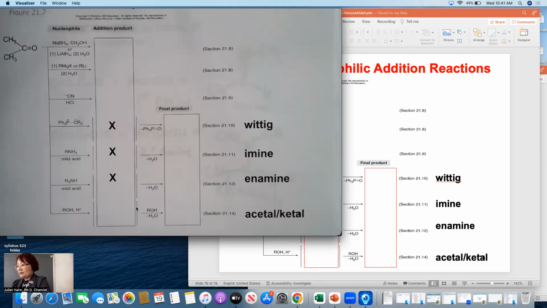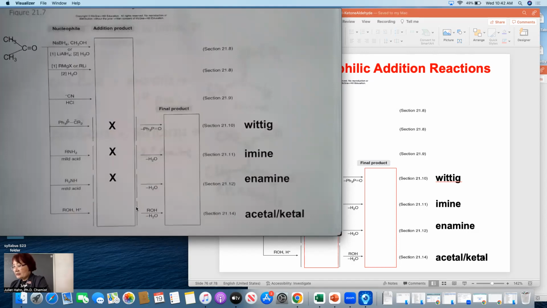Okay, so sodium borohydride, lithium aluminum hydride, just going to have H minus as the addition. The organometallics, you're basically adding R minus as the nucleophile. The cyanide, you're adding CN minus as the nucleophile. The Wittig, you just give me the final Wittig product. That's where the oxygen of the carbonyl carbon turns into a carbon and you get an alkene.